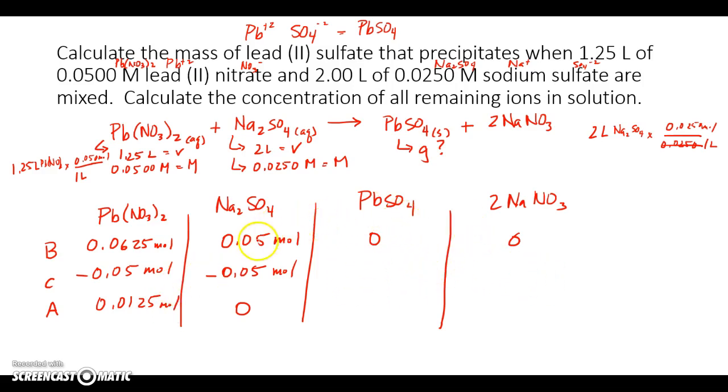And in this case, again, it's a 1-to-1 relationship. So that means I have 0.05 moles of PbSO4 produced overall, and I have 0.10 moles of NaNO3 produced.